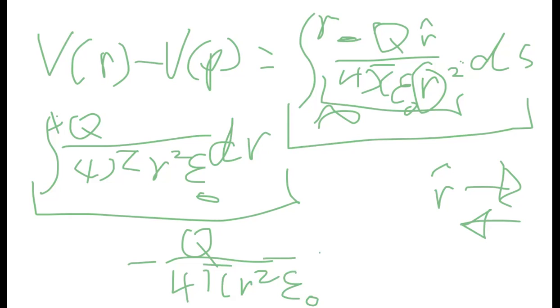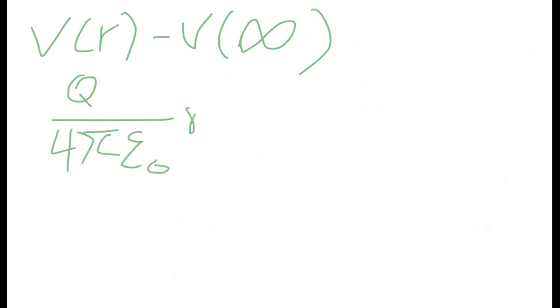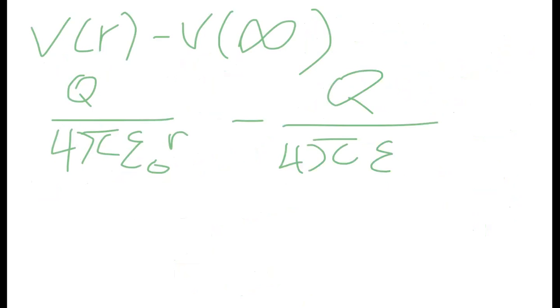So going on, what does that mean for our voltage at R? Our voltage at R minus our voltage at infinity is going to be Q over 4 pi epsilon naught R, minus Q over 4 pi epsilon naught at infinity.